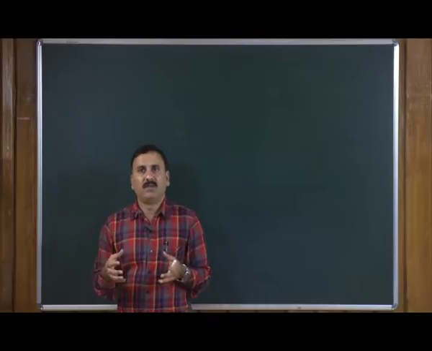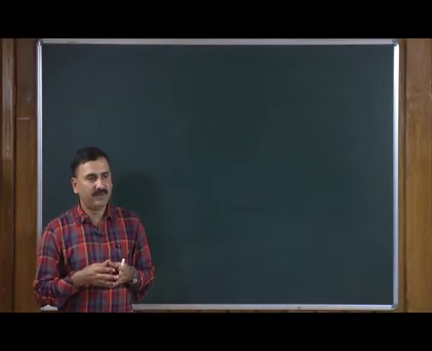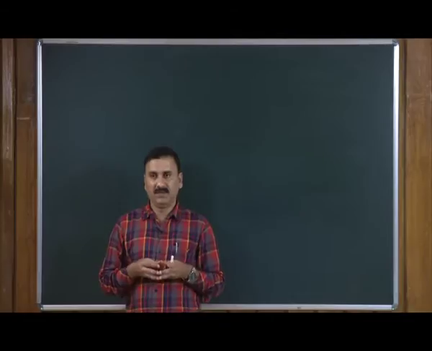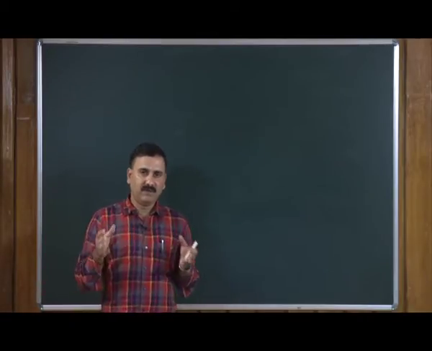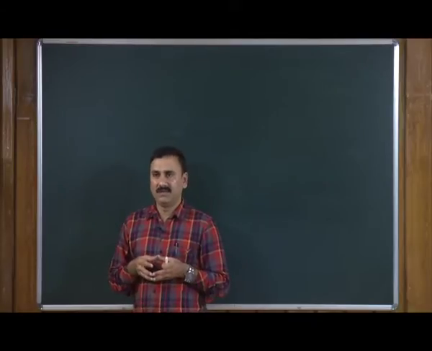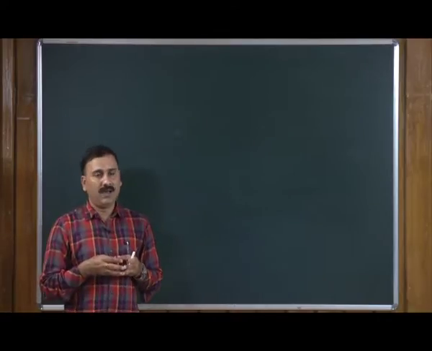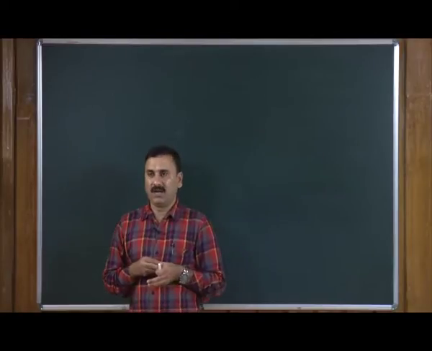The question that comes is how many different phases are present in photosynthesis. There are two different phases of photosynthesis. One is called the light reactions, the other one is called the dark reaction.